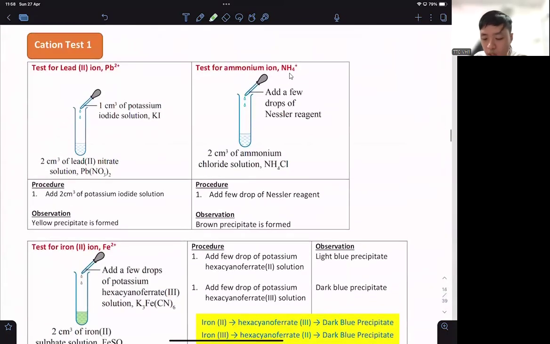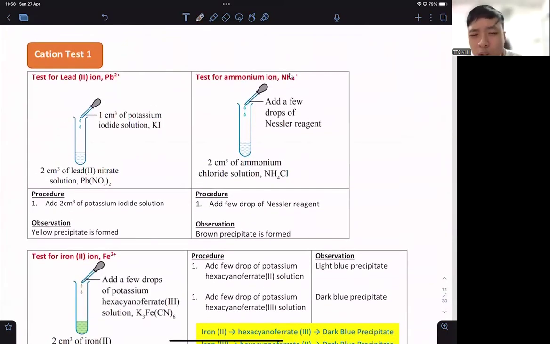Now the cation tests, there are a lot. The Pb2 plus, this one I told you is similar. Just now I had, let's say, lead 2 nitrate, and I add KI. The point is the I minus. I minus will go and find the Pb2 plus. I can add another iodide, KI can do.